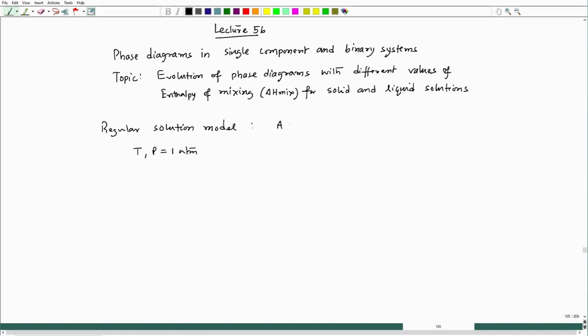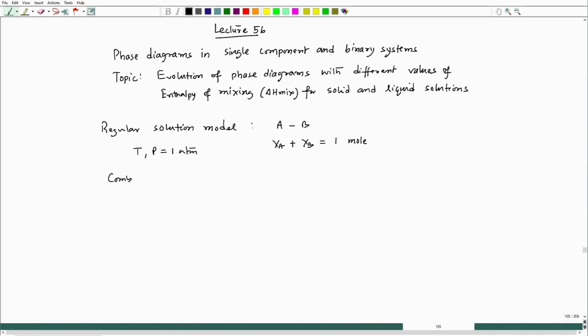We are talking about a binary system. A and B are pure metals, X A and X B are the mole fractions of A and B, and when we add them together it becomes 1 mole of solution. That is the framework, and we have taken 4 conditions or combinations.